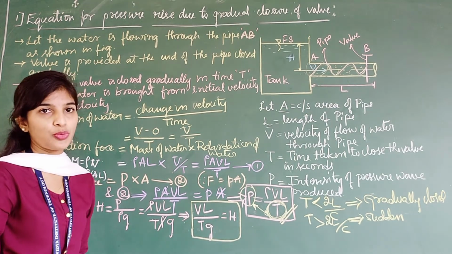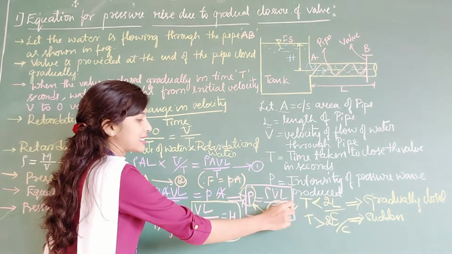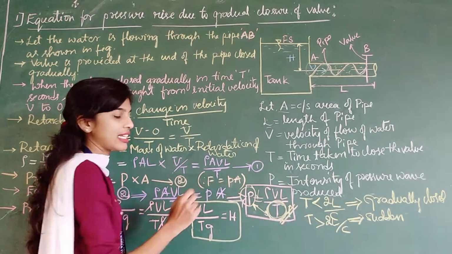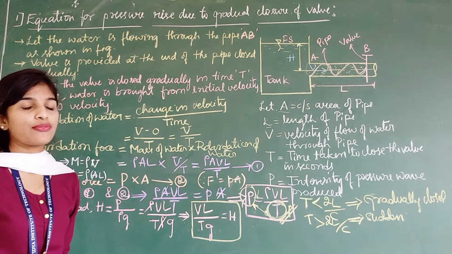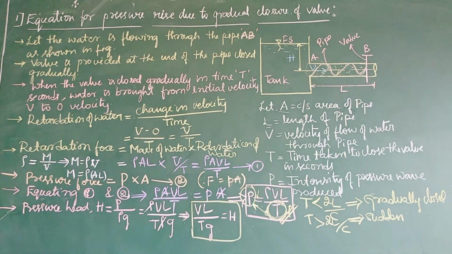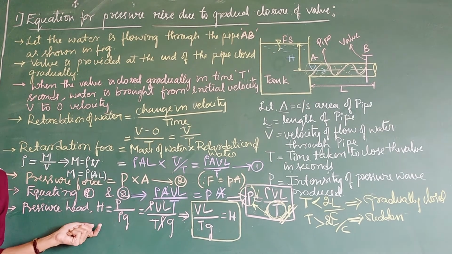If T increases, then pressure decreases. So this is the equation for pressure rise due to the gradual closure of the valve. Thank you. We'll just continue.